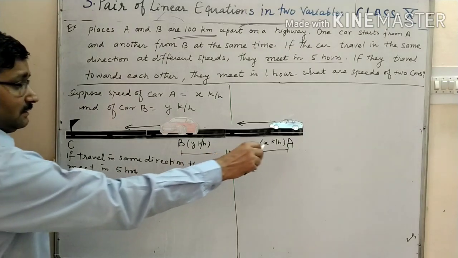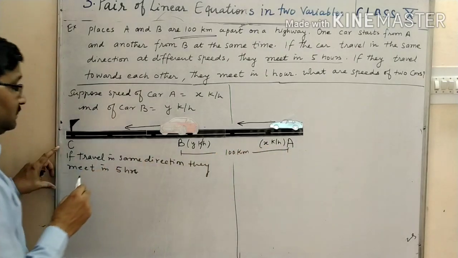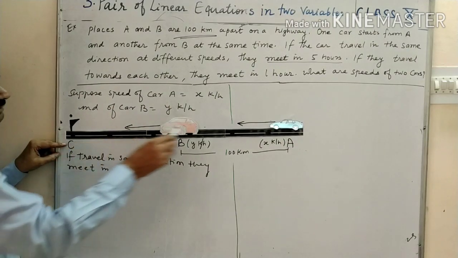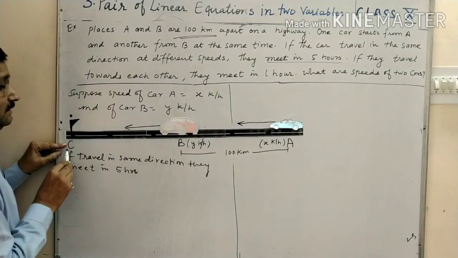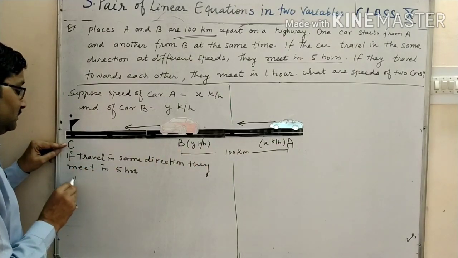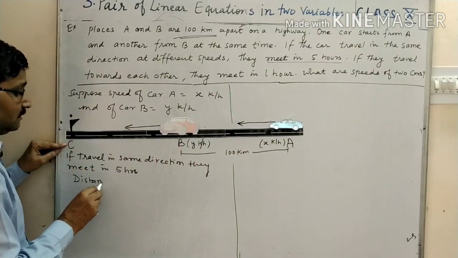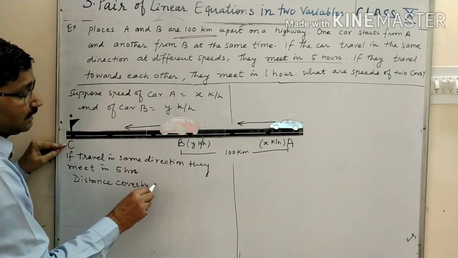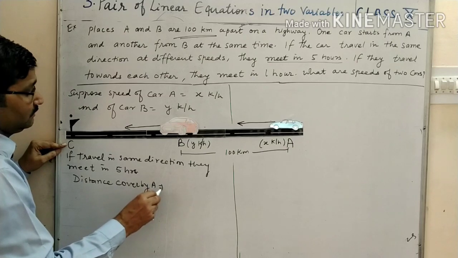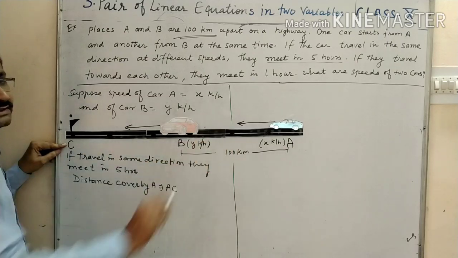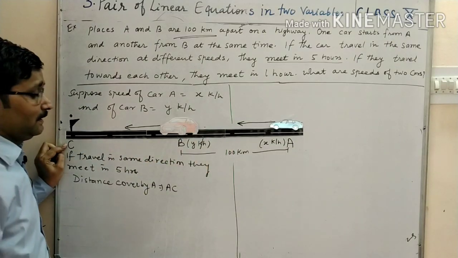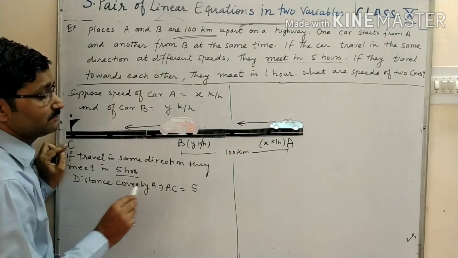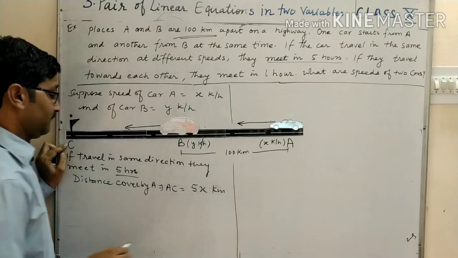They meet at point C. So from A to C, the distance covered by car A, AC, will be 5 hours times speed x, so 5x km.